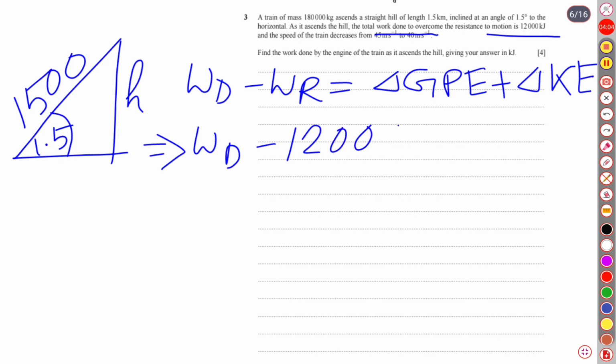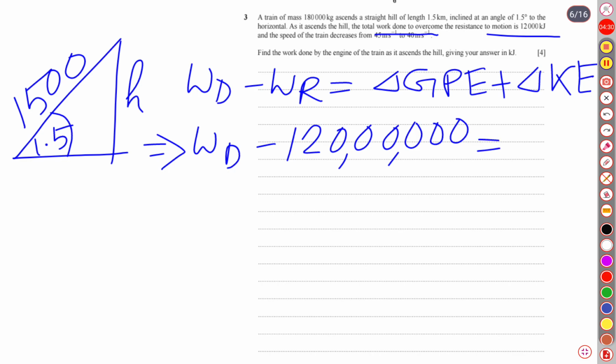Already there are three zeros, then three more zeros should be added, so it is 120,000,000 joules, equal to change in GPE.